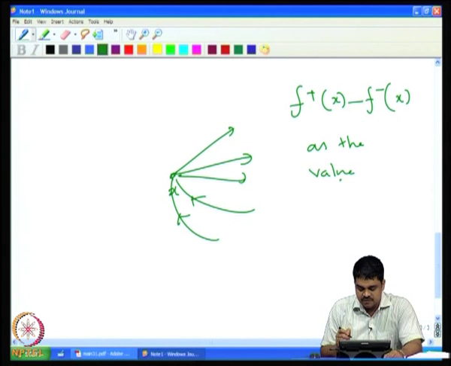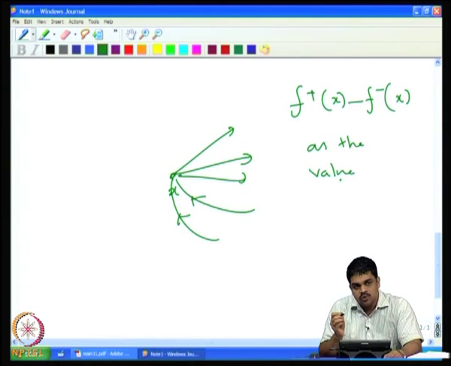Suppose we define this as the value of the flow. Essentially, if you consider x as the source, it is the rate at which the commodity is going out of x, that will be the value of the flow.